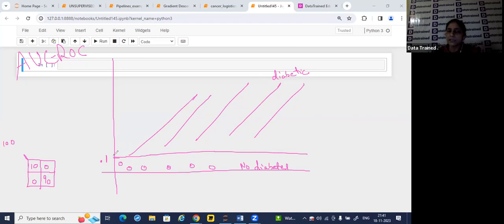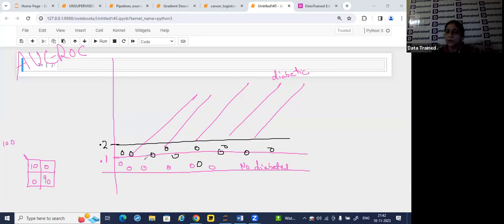If I change this threshold value, suppose I'm changing it here, so this 0.2 is there. What will happen?